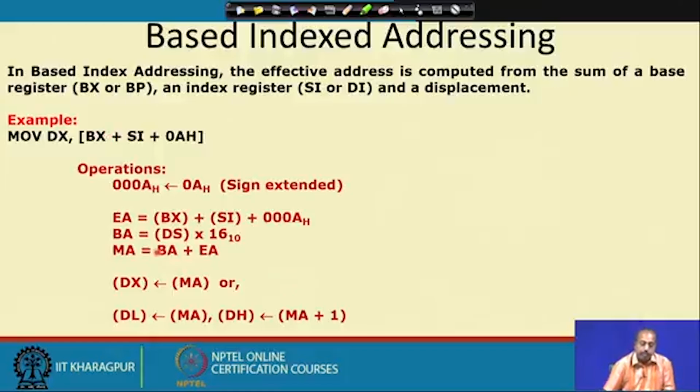The memory address is this base address plus the effective address. And if it is BP instead of BX, then it will use the SS register, the stack segment register, as the segment register instead of DS, the data segment register.